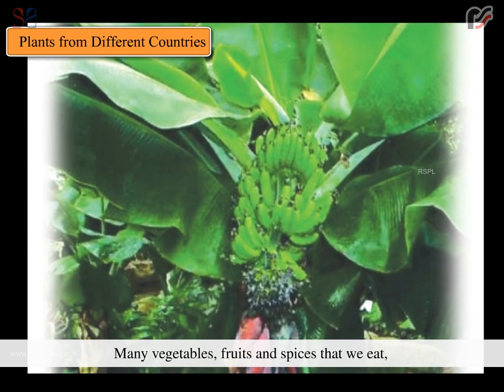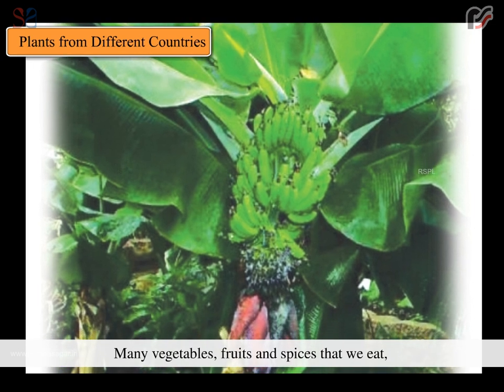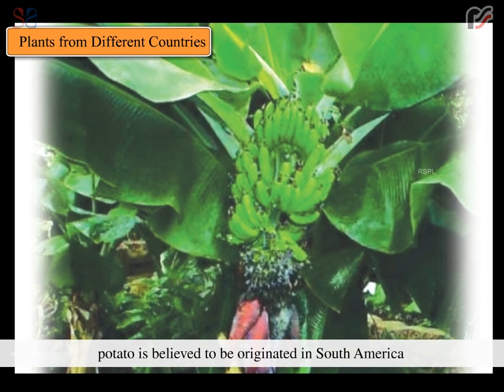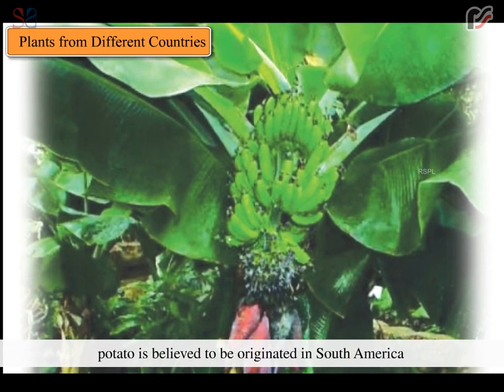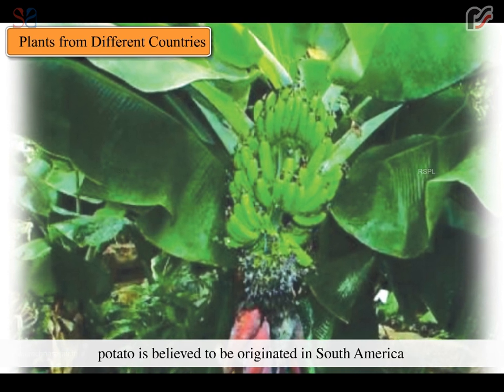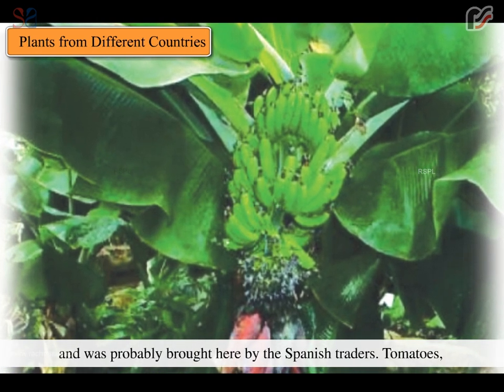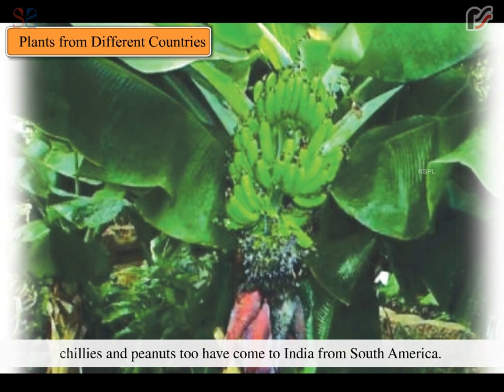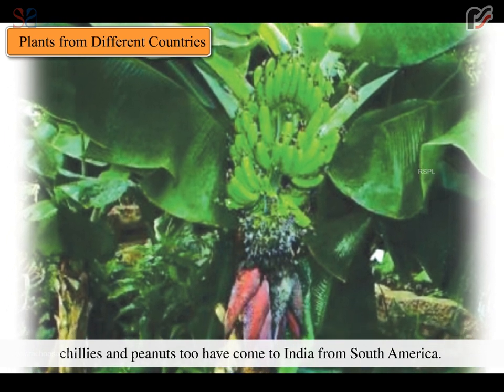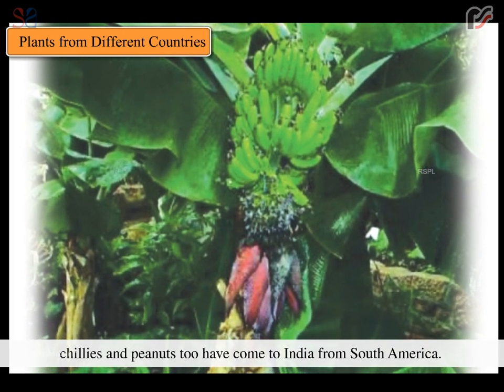Many vegetables, fruits, and spices that we eat have their origin in another country. For example, potato is believed to have originated in South America and was probably brought here by the Spanish traders. Tomatoes, chilies, and peanuts too have come to India from South America.